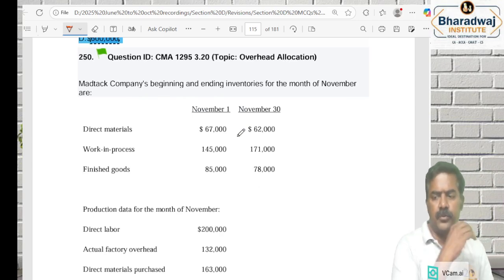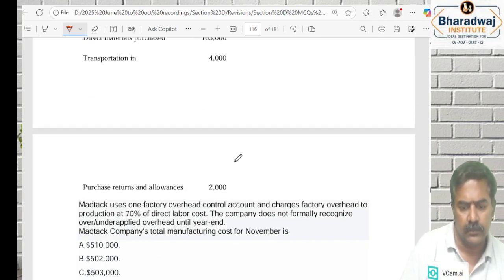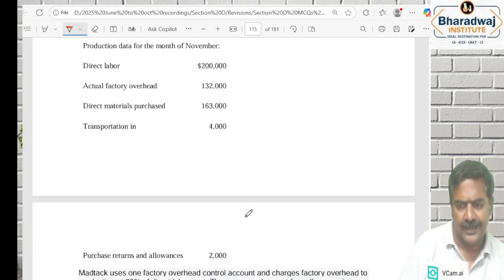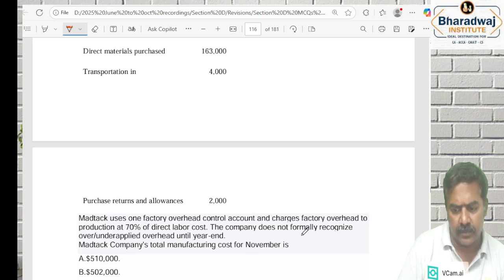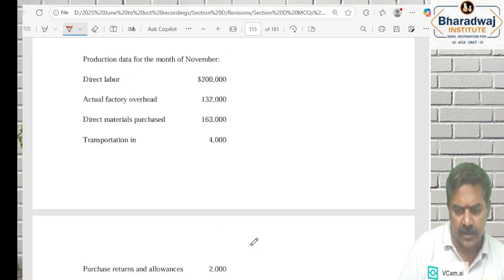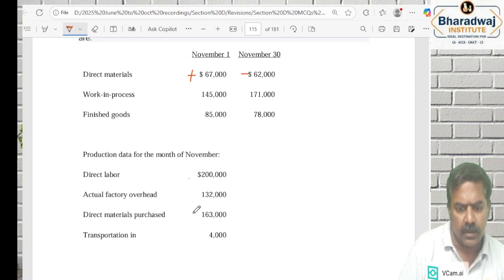Go to question number 250. It's a similar question. Anyway, let us work it out. They ask you to find out manufacturing. Direct material: opening stock plus purchases minus closing stock, plus transportation in.